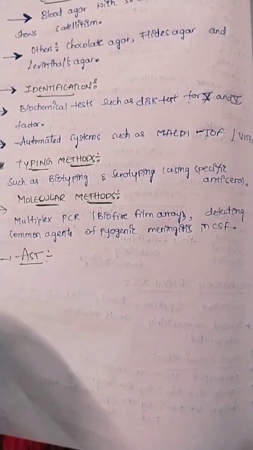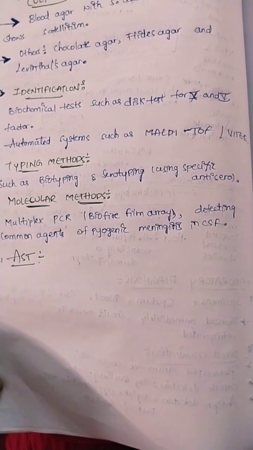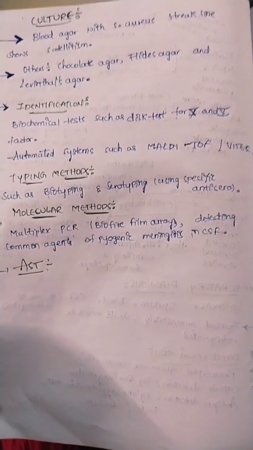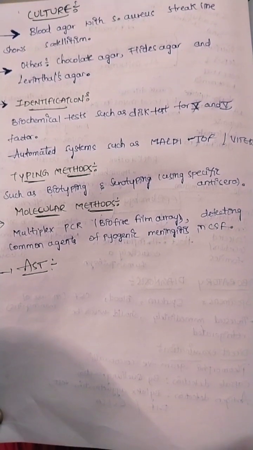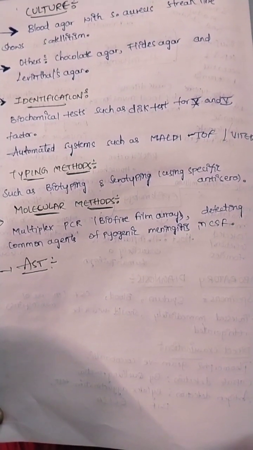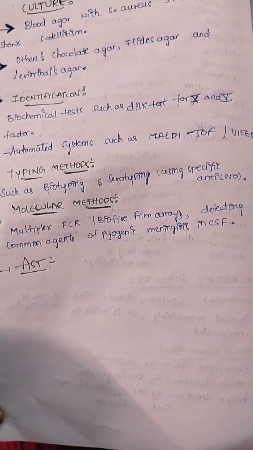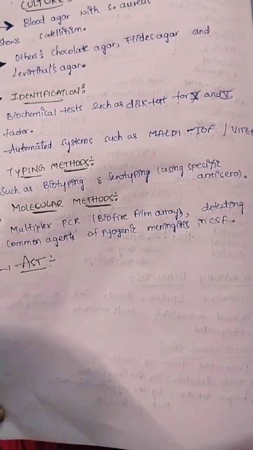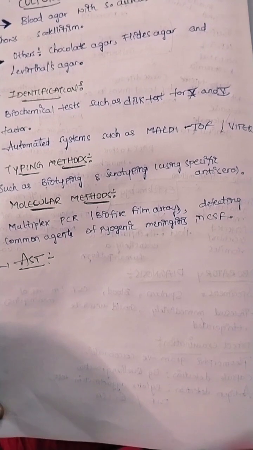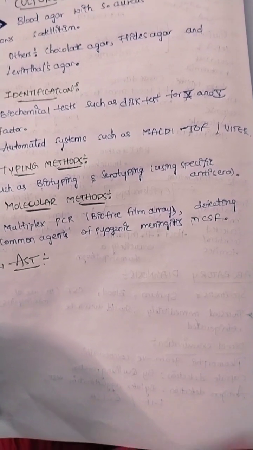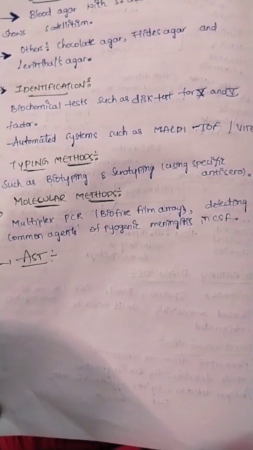Okay. Identification: we will do a disc diffusion test for factors 10 and 5. Hemophilus ducreyi needs the 10th factor only, and won't grow on the 5th factor. Okay.